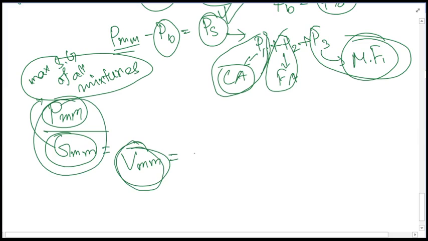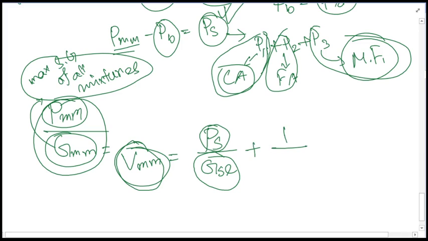This is actually equal to PS divided by GSE, the effective specific gravity of all aggregates, and that's why this is all aggregates proportion, plus percentage of bitumen divided by the specific gravity of bitumen.